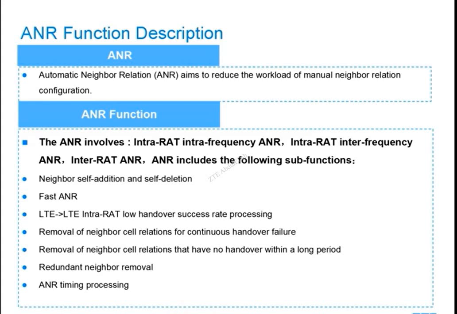It includes the following sub-functions: neighbor self-addition and self-deletion, fast ANR, LTE to LTE, intra-RAT low handover success rate processing, removal of neighbor cell relations for continuous handover failure, removal of neighbor cell relations that have no handover within a long period, redundant neighbor removal, and ANR timing processing. Later, we will introduce the ANR sub-functions one by one.